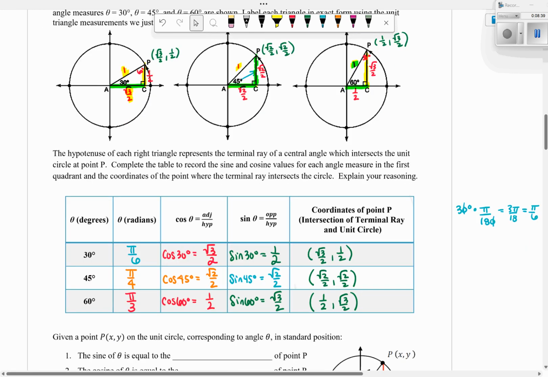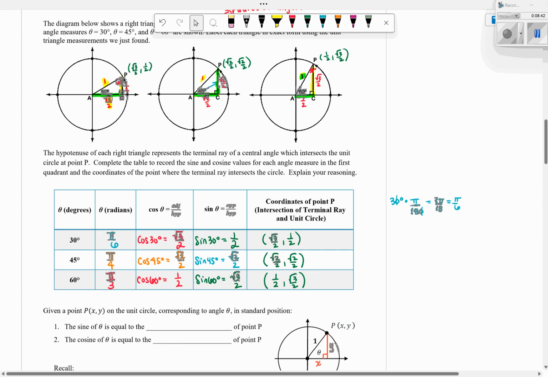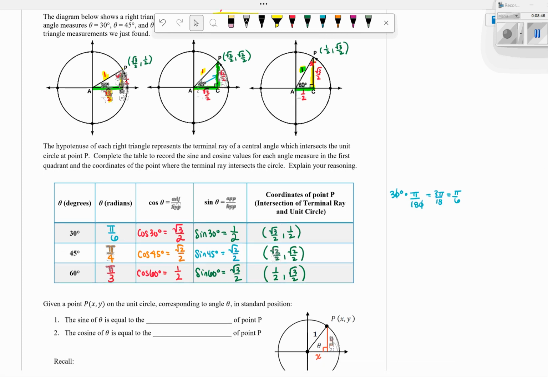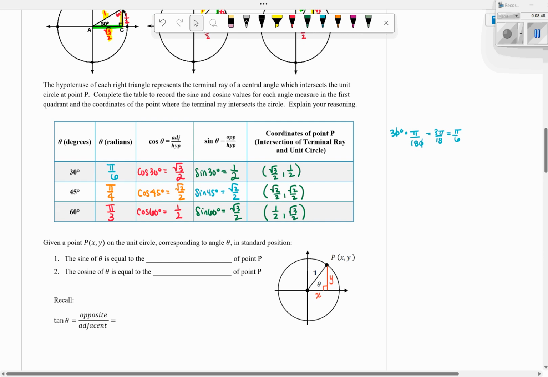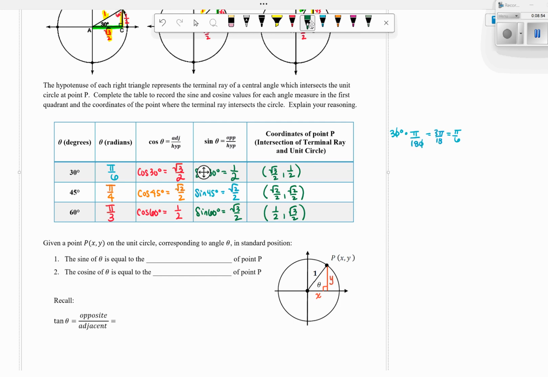So let's think about some things here of what we just did, looking at our cosine, sine, and the coordinates of the point. Let's look at it in general with this circle here. It says, given point x, y in the unit circle corresponding to an angle of theta in standard position, the sine of the angle, you'll notice, was equal to the y coordinate on our circle.